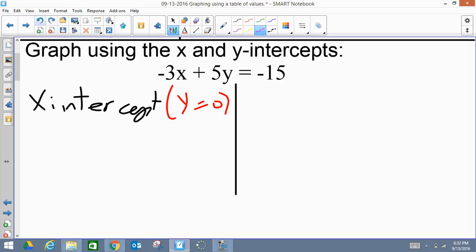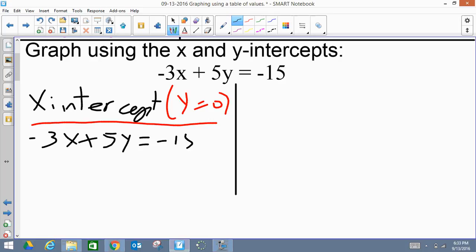I'm going to rewrite the same equation and replace the y with 0. So I have negative 3x plus 5y equals negative 15. When I get to the y, I'm going to write 0. That's the whole trick about this.